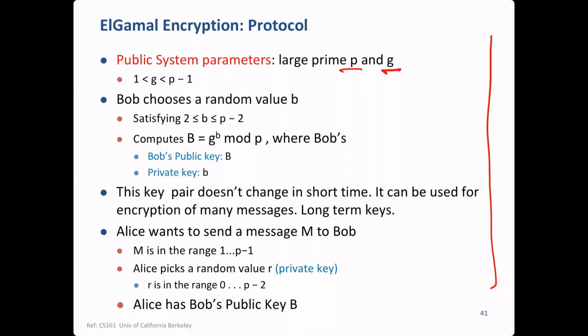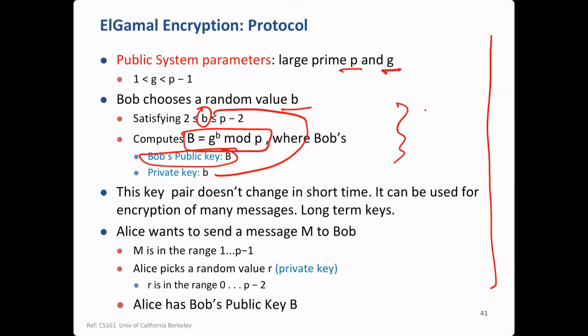Bob chooses a random value B. That's his private key. And from that, Bob calculates his public key, which is capital B equal to G raised to the power B mod P. So this part is the same as the Diffie-Hellman algorithm, right?